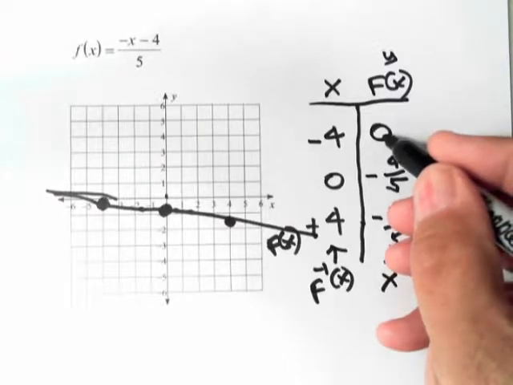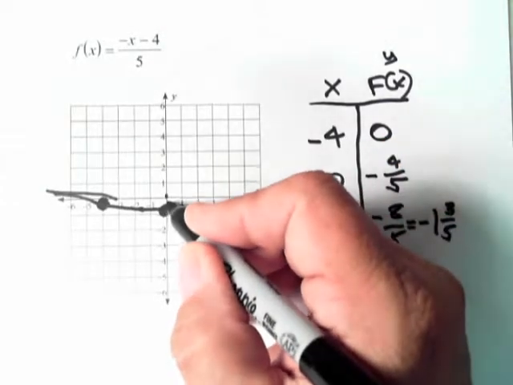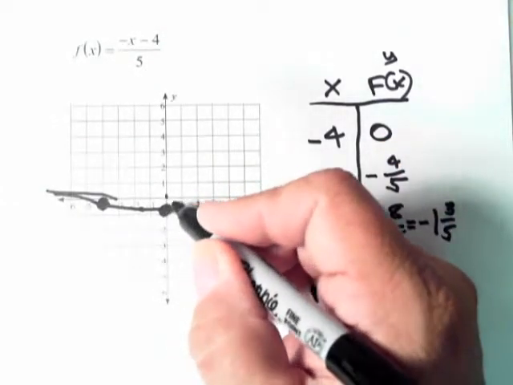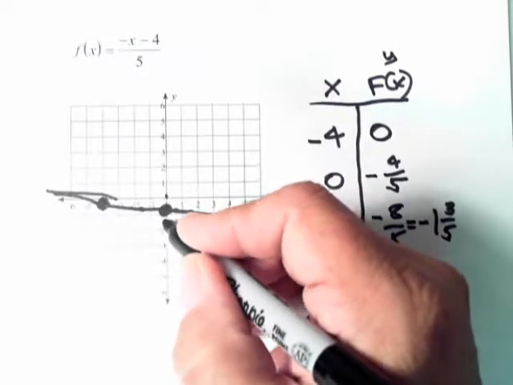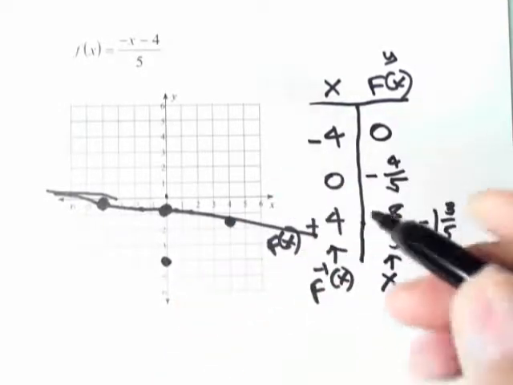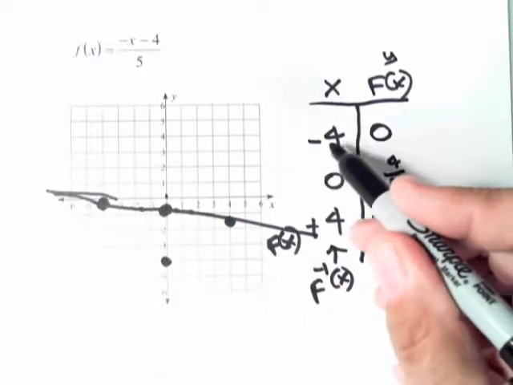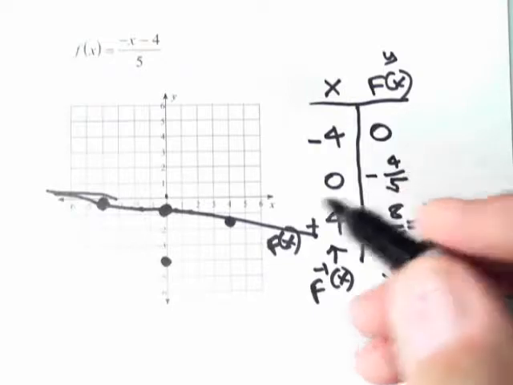Okay, x equals 0, the y is -4. So if x equals 0, okay, right here the y is -1, 2, 3, 4. Here we go, it's right here. Okay, x equals 0, y equals -4. Then x equals -4/5, y is 0.